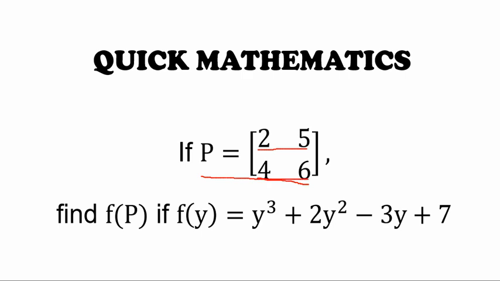We are asked to find f of P if f of y is equal to y cubed plus 2y squared minus 3y plus 7. So let us take the quick solution to this problem.